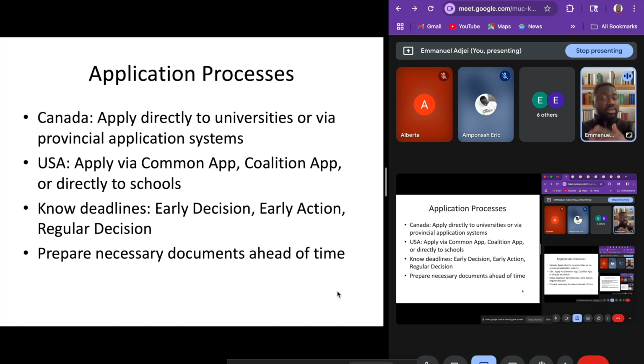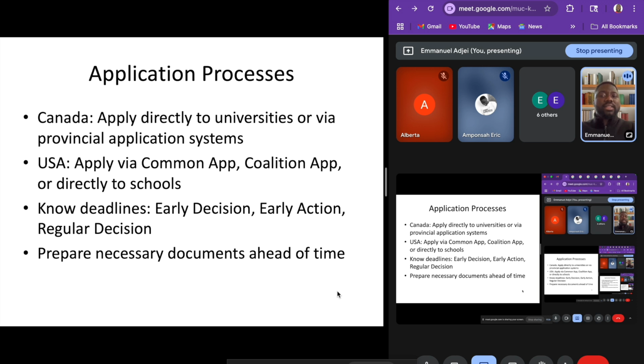It looks like Common App, but is different from Common App. And then lastly, for grad school, not necessarily bachelor's, you can apply directly to the university. You can apply directly to the schools. So it's either you use the Common App application system, or you use the Coalition application system, or you apply directly to the university. Any of them works.